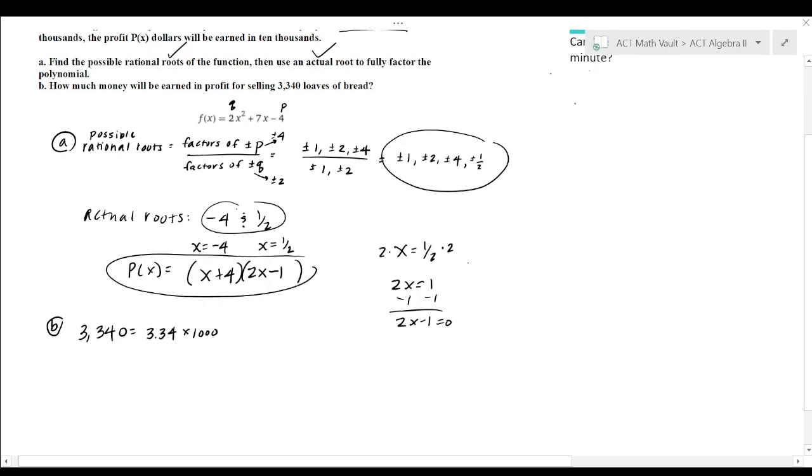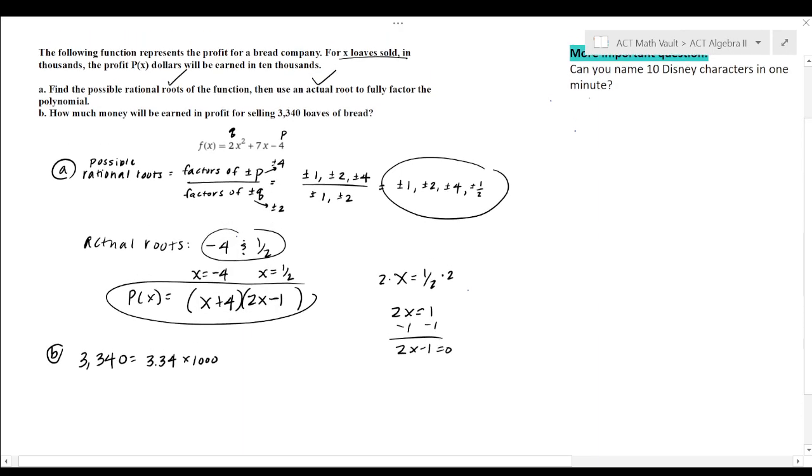So the 3.34 is what I'm going to plug in. This is working on evaluating polynomials. And so I'll go P of 3.34 equals, and I'm plugging it into my original. 2 times 3.34 to the second plus 7 times 3.34 minus 4.